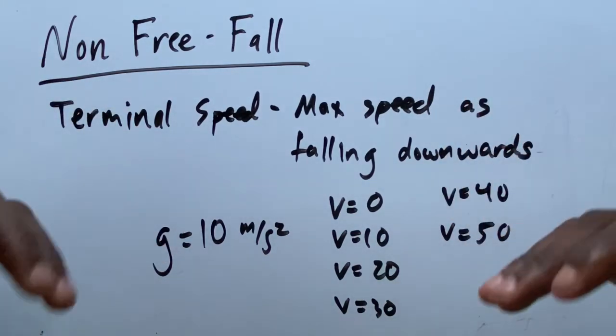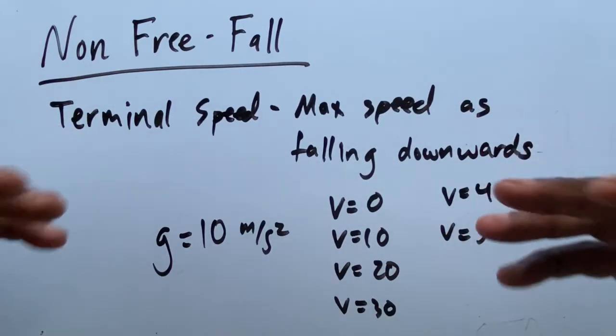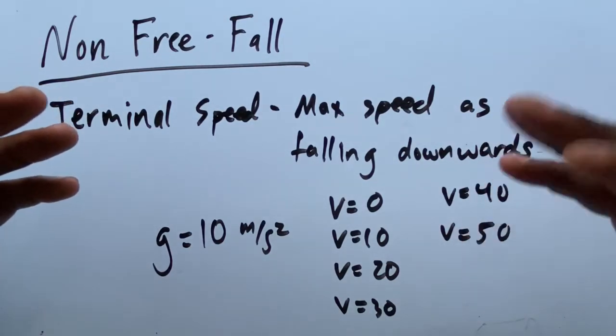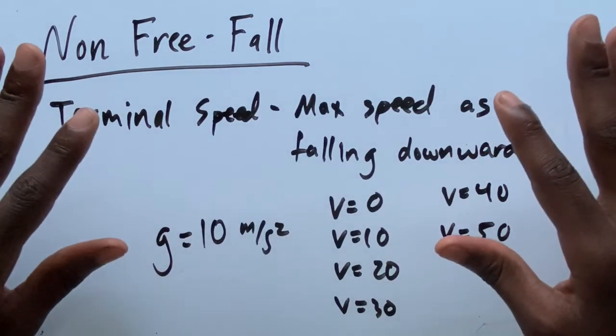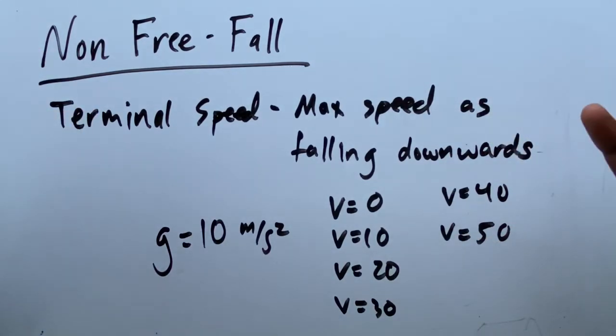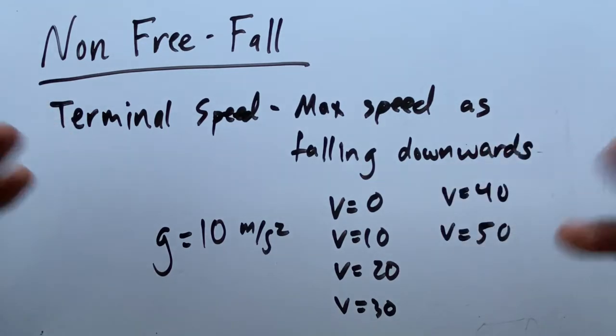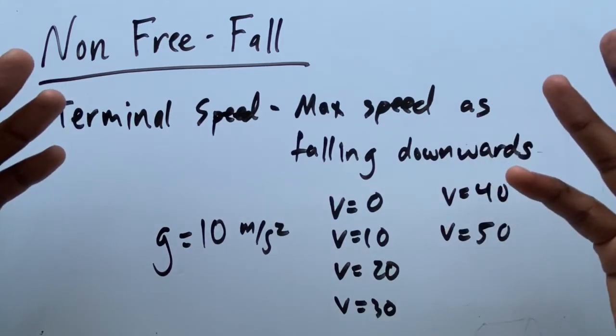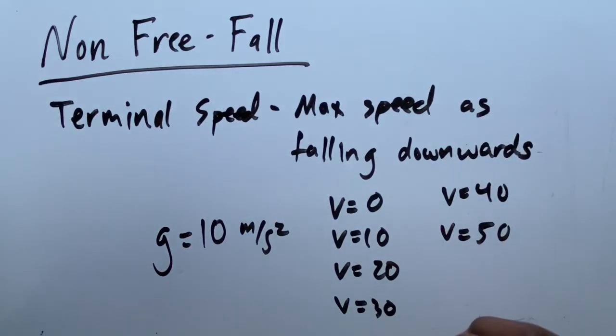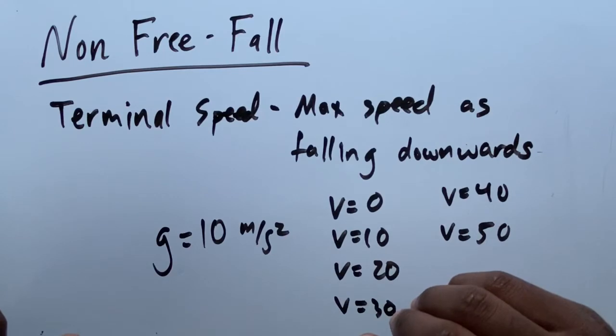There are these outside forces acting on you as you fall down. So if you were, let's say, inside of a vacuum, I'm not sure how you would be in a vacuum because that means there would be no air for you to breathe. But let's say you didn't have to breathe air and you're falling in a vacuum.